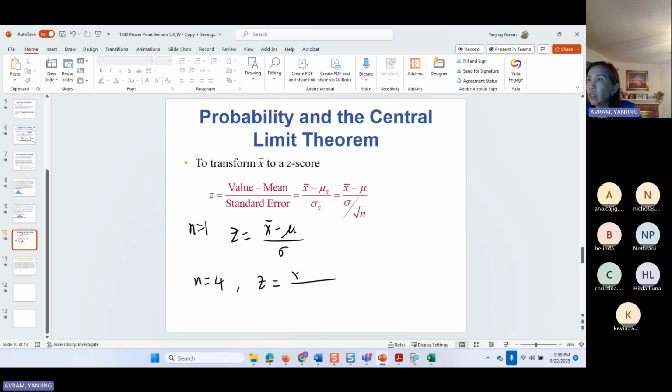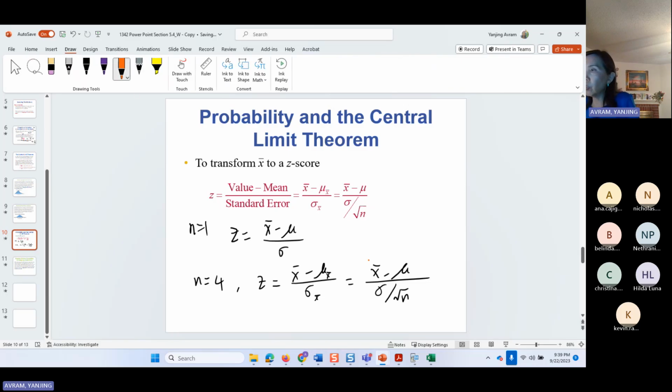Now this mu becomes mu of the x bar, the sample mean, and this sigma becomes sigma of the x bar. So the sample mean is still equal to the population mean, but I just choose this one divided by the square root of n.